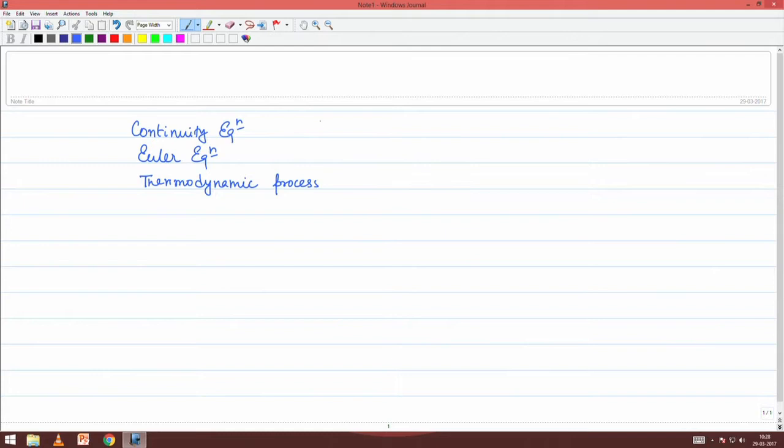These three equations together with an asymptotic argument gave us the acoustic wave equation, which was written in the following form.